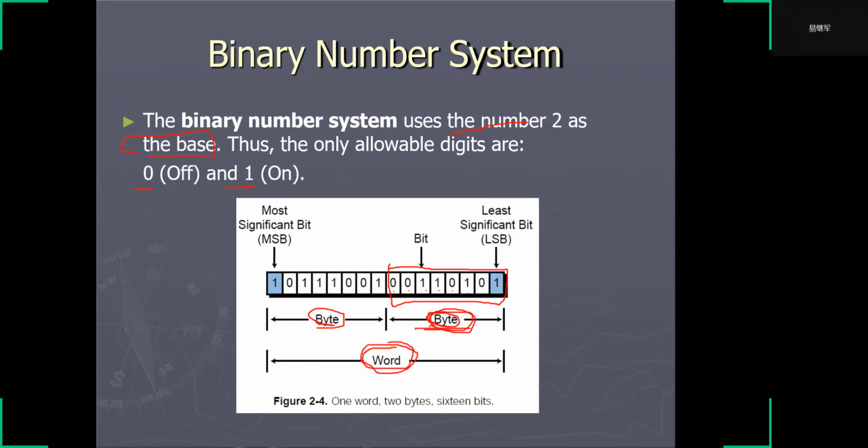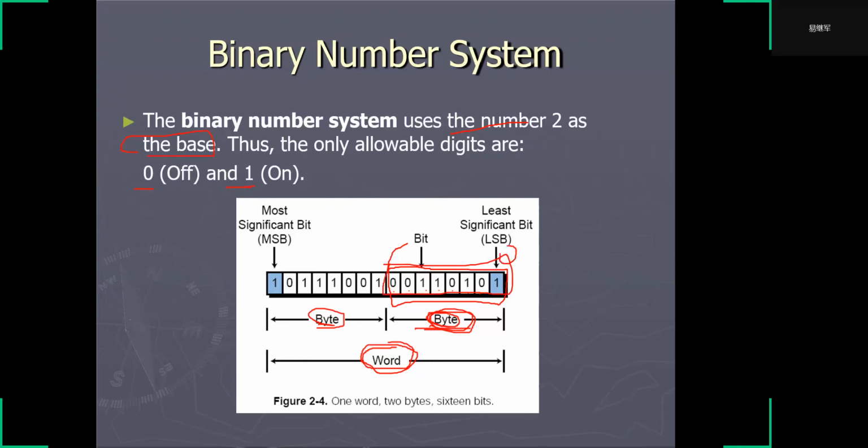As in the program I simulated, I gave the address I 0.0, where the first I means input, and the 0 is byte 0. The point 0 is the first digit.